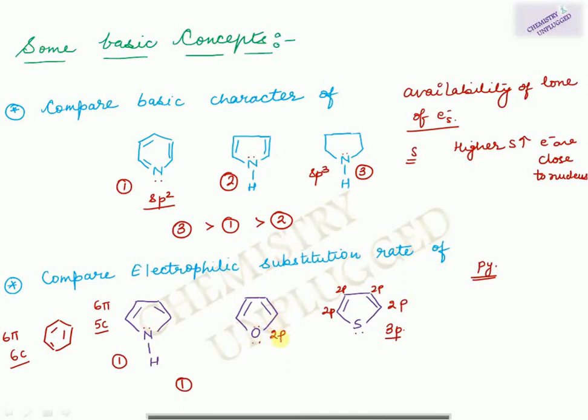So there is good overlap between the 2p of oxygen and the 2p of carbon. While in case of sulfur, the overlap between 3p and 2p is not so good. Therefore, the delocalization of electrons is better in case of furan than thiophene. Therefore, the rate will be higher for furan than thiophene. So this will be the correct order.